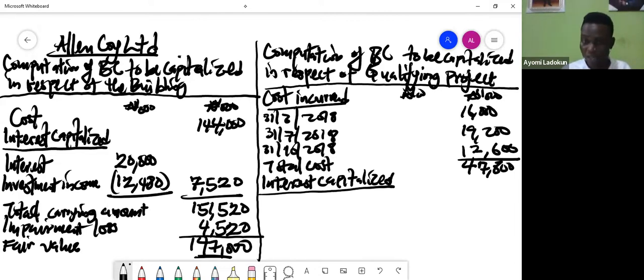I've explained capitalization rate for you earlier, so just use that idea. 14.4 multiplied by 2 gives 28,800. Then the general loan, the 10-year loan and bank overdraft, is 160 plus 80, which gives 240.